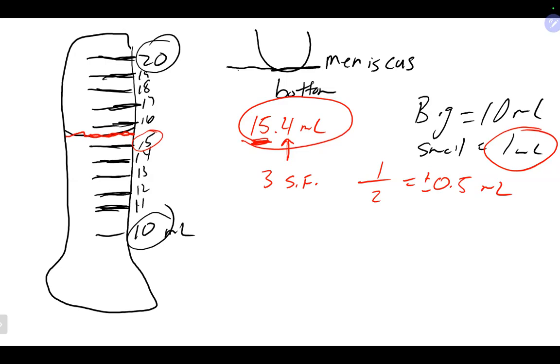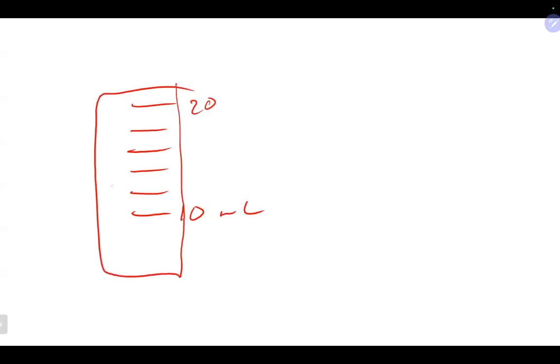We typically can't go one place to the right, as I said, of the smallest marking, but not always the case. So for example, we had sort of the same breakdown there, 10 and 20 milliliters. Once again, in our graduated cylinder here, we'll go right about there.